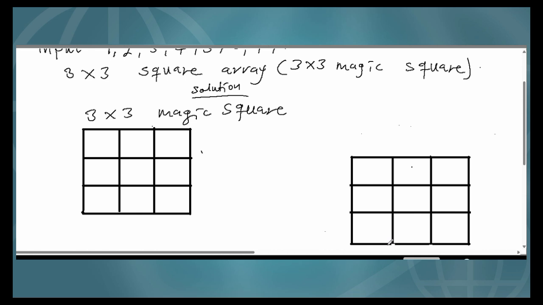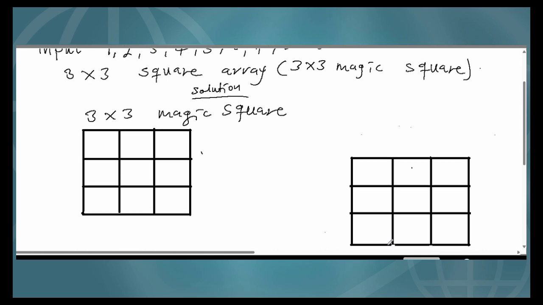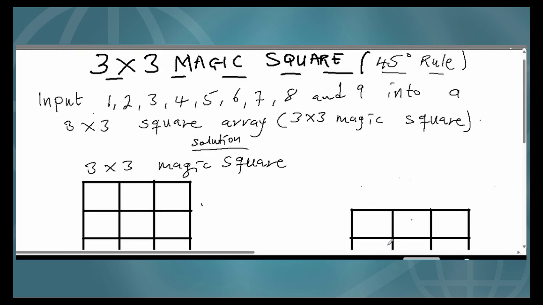Okay, now we are going to input 1 2 3 4 5 6 7 8 9 in a 3 by 3 square array, or 3 by 3 magic square.